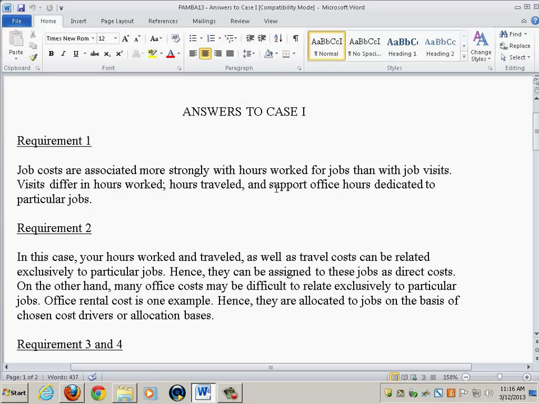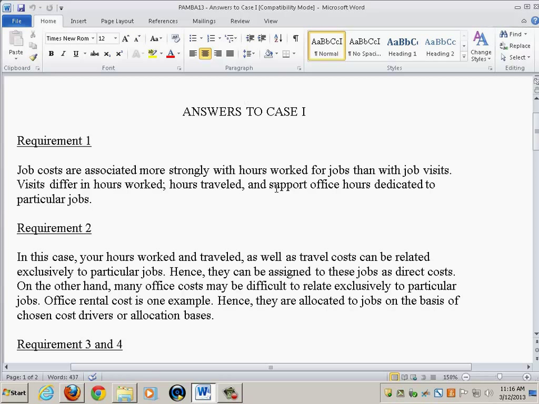There are certainly certain inputs that are exclusively related to the jobs. And you're the consultant, you're running the company, you're the only worker there. So you could probably distinguish hours of work that were used only for a particular job, right? Not for any other job, but just for that particular job. Those hours and the cost of those hours are direct.